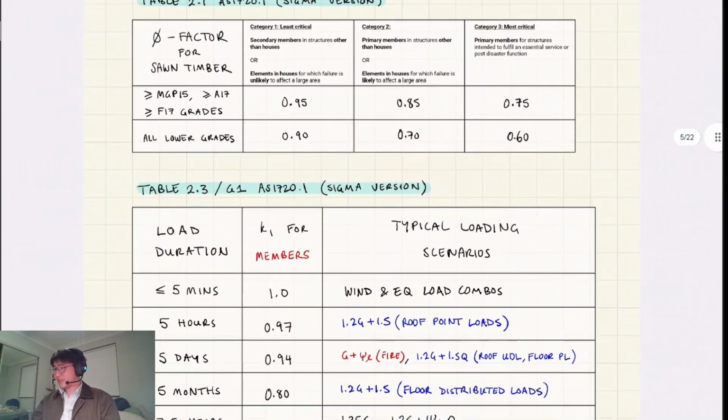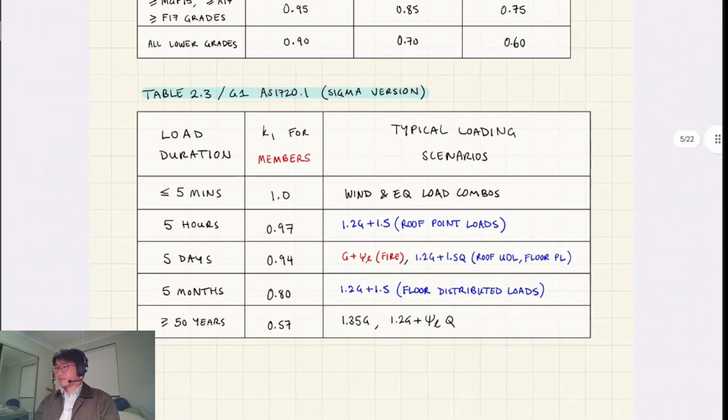Okay, so here are the K1 factors. I combined Table 2.3 and G1, so essentially that summarizes what I was just talking about.